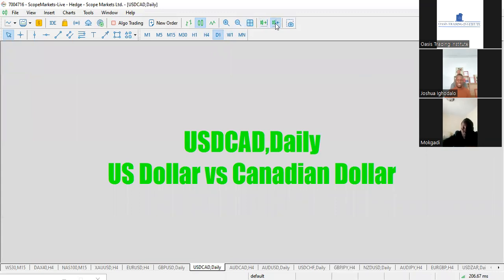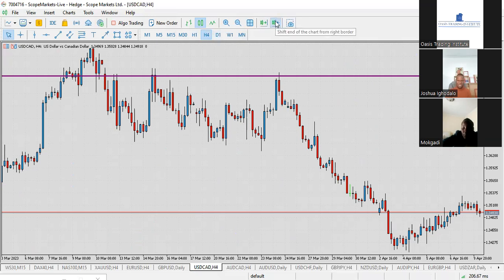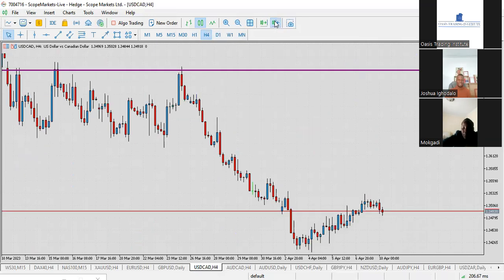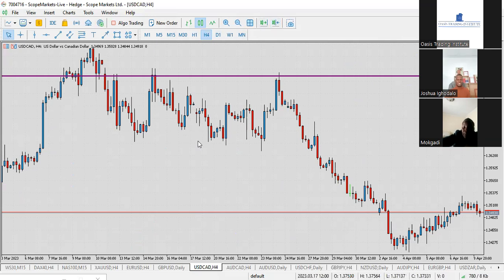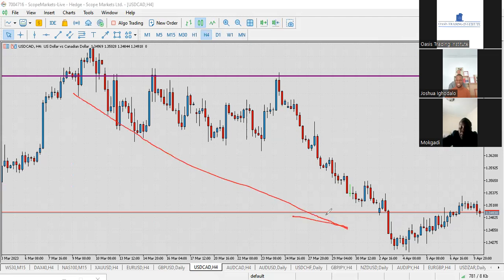That is the United States dollar and the Canadian dollar. Looking at this particular chart, you can see one thing that is common. The market is just going down. That is how sweet it is.